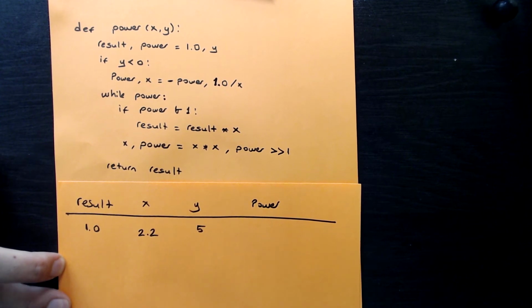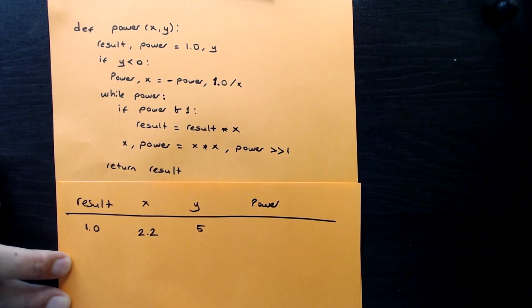That would be 2.2 to the 5th power. I'm going to write this in binary. As you will see, y is, 1, 2, 4, okay, so this is the binary representation, right? 1, 2, 4, 8, that would be 5.